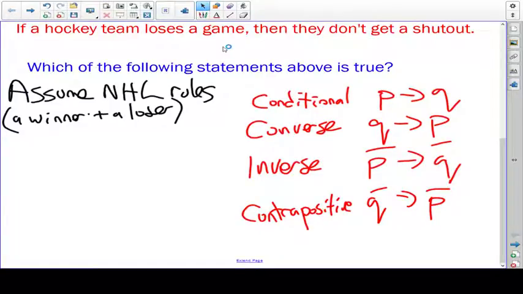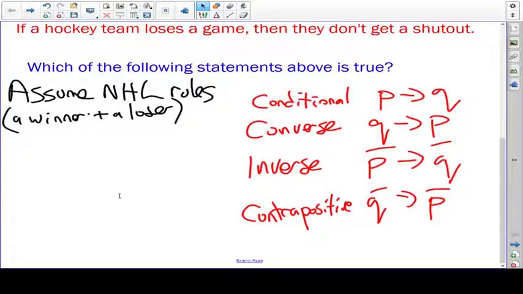So I'll put NHL. Can you get a shutout and lose? When is it a shutout? 2009. Perfect. Alana, you won't be able to see this, but we will inform you of what we find here. Ah, here we go.